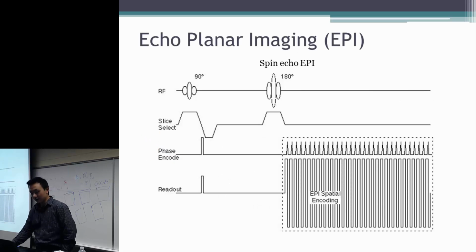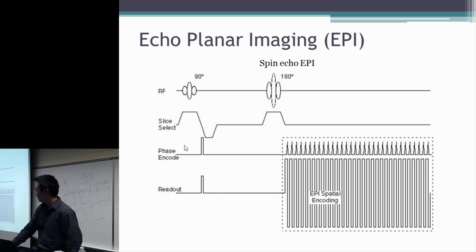Okay, so this is the spin echo EPI, which is also a very widely used sequence. The difference between spin echo and gradient echo is that it has this 180-degree refocusing. So it will generate a spin echo at the TE here, and then we use this whole EPI readout, the same as before, to collect this spin echo.